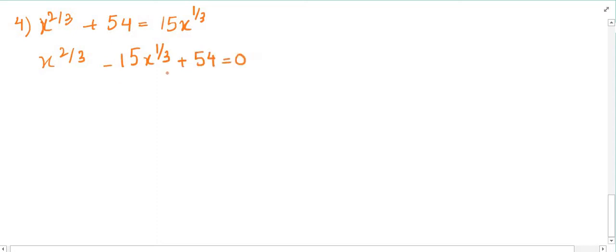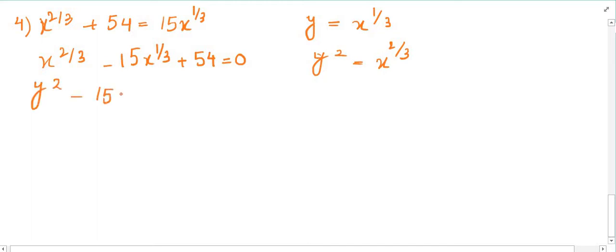Clear? Now take a substitution. y equals x^(1/3). If we take the square on both sides, it becomes y squared equals x^(2/3). Use this substitution in this equation. This becomes y squared minus 15y plus 54 equals 0.